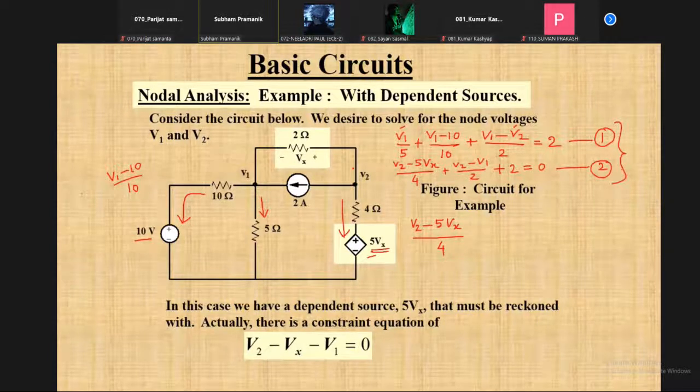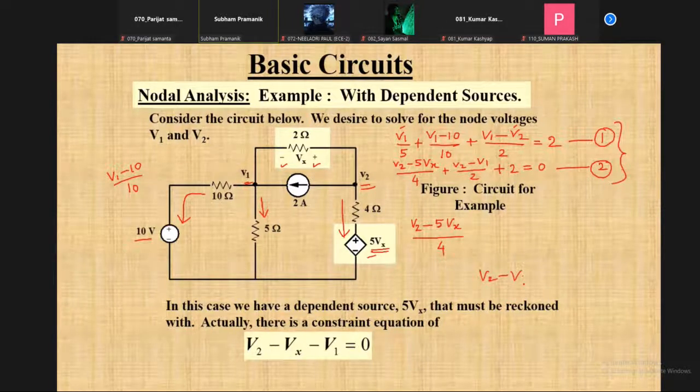So V1 plus Vx equal to V2. This is another equation. Exactly. This side is positive, this side is negative, so obviously V2 is greater than V1. You can write V2 minus V1 equal to Vx. The same thing which is written here: V2 minus Vx minus V1 equal to 0.